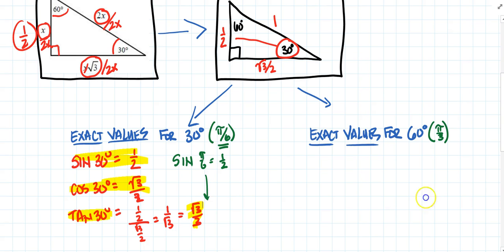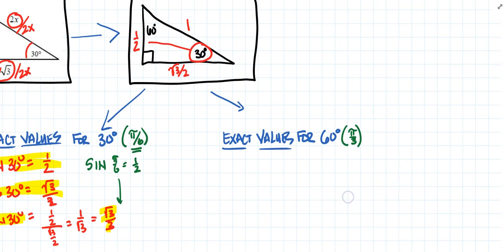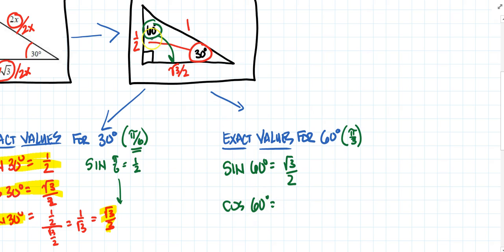Okay, now let's take a look at the 60 degree angle. If I look at this angle up here, I could ask you for the sine of 60 degrees. Well, again, it's the opposite over the hypotenuse, so it is just rad 3 over 2. I could ask you for the cosine of 60 degrees, and it is the adjacent to the hypotenuse, so it is just 1/2.